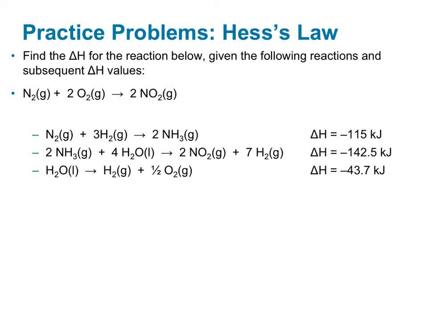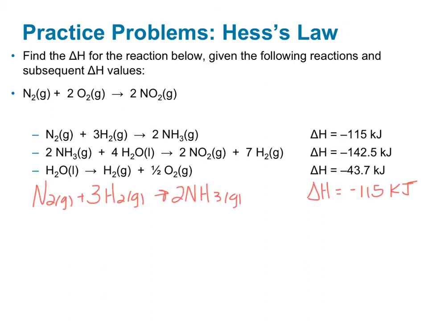So I'm going to use my first equation just like it is. Now looking at my second equation, I'm looking for reactant or product. Here I have NO2. That's a product. I want it as a product anyway, so I'm going to leave my second equation just as it is as well.